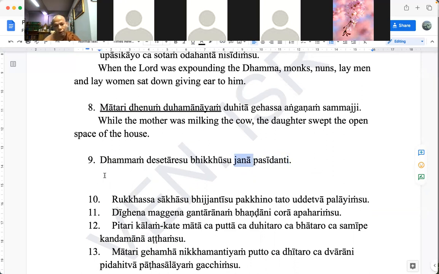Jana means people. So people are devoted or pleased with, or devoted to. In Pali it takes the locative case, bhikkhusu pasidanti, but in English, devoted to or pleased with.